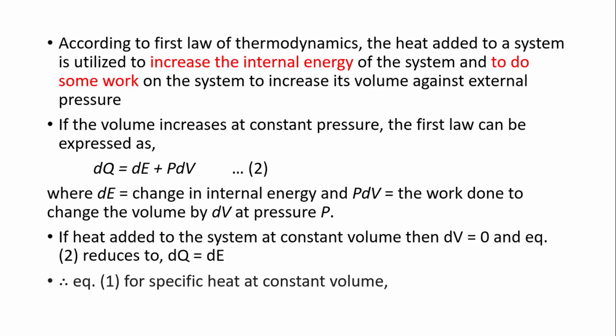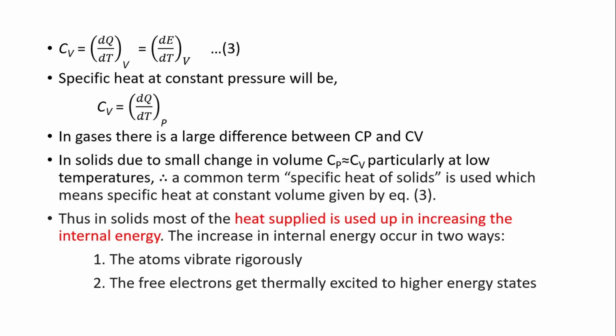If we substitute dQ equal to dE in equation 1, we find that Cv is equal to dQ by dT at constant volume, because here volume is constant, so we put V as a subscript. dQ is simply equal to dE, because the PdV term vanishes, and hence Cv equals dE by dT at constant volume. So this is about the specific heat at constant volume. Now what will be the specific heat at constant pressure? That will be dQ by dT at constant P.